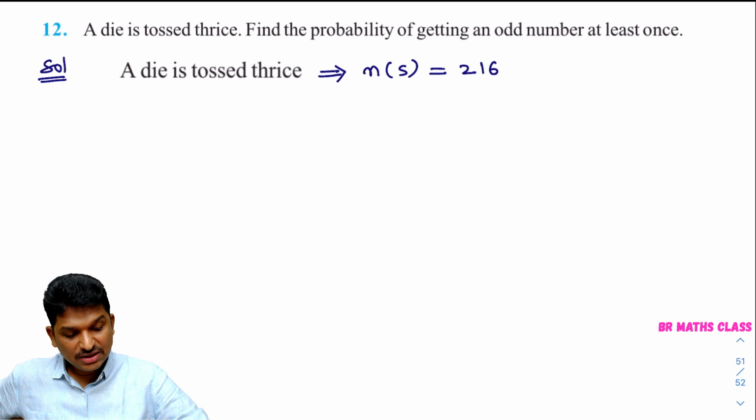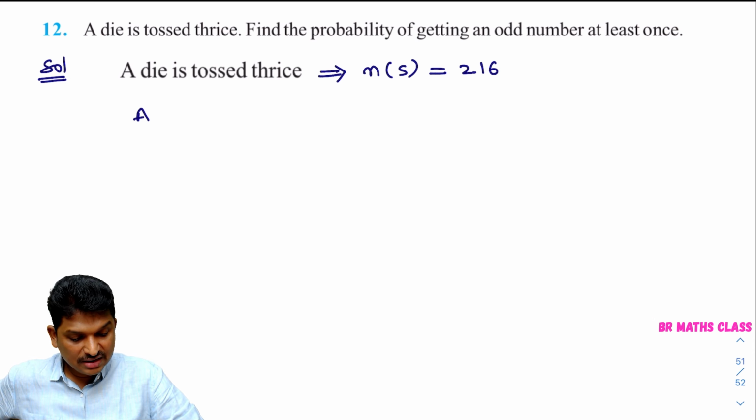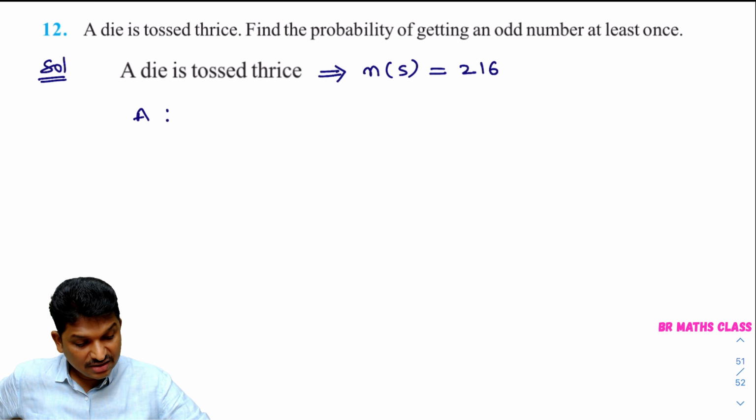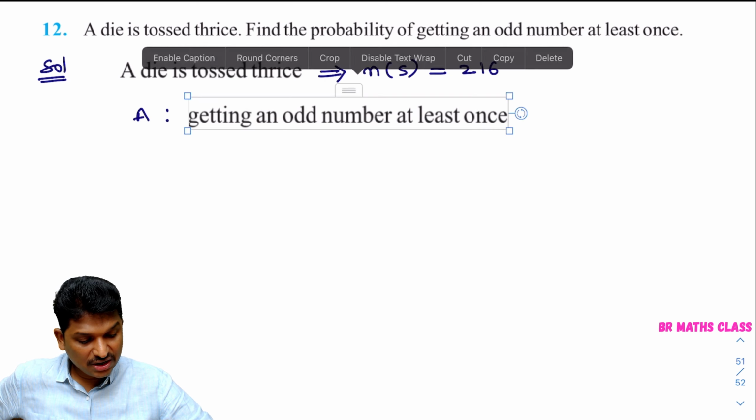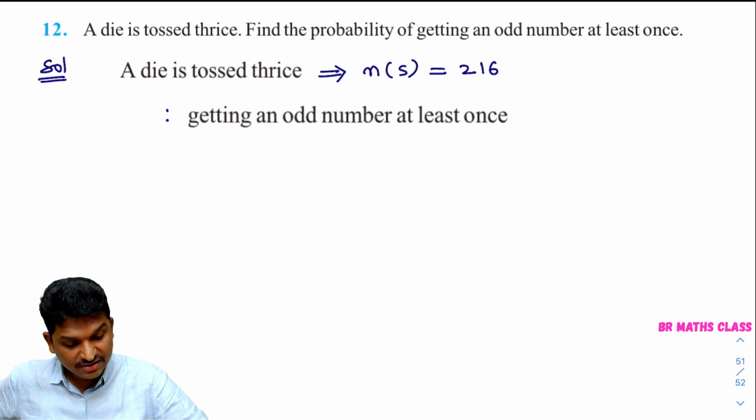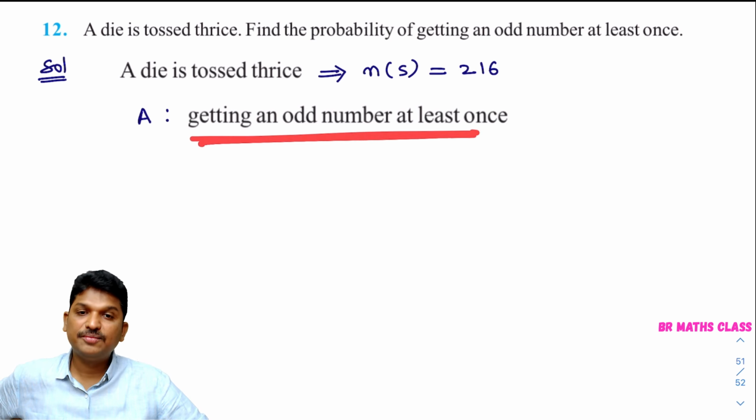Okay, so here I'll write two events. What is A? A is the event of getting an odd number at least once.